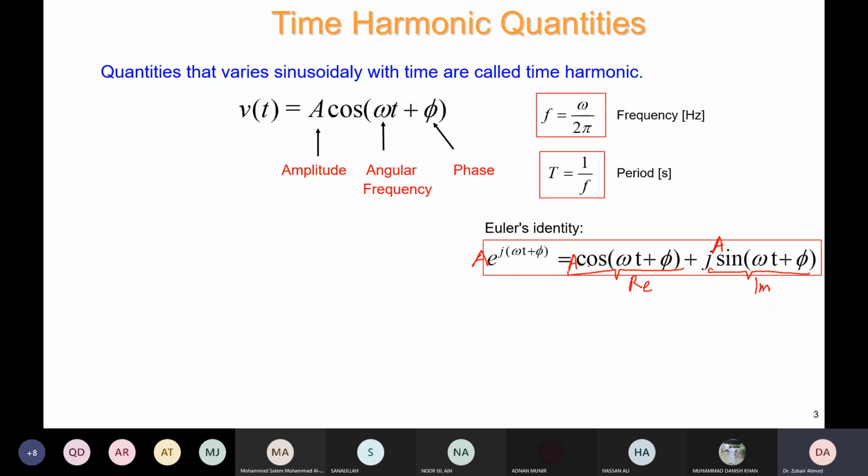Another way of writing this is that it is the real part of this quantity. So I can write this as the real part of A exponential of j times omega t plus phi. The left hand side is basically A cosine of omega t plus phi.